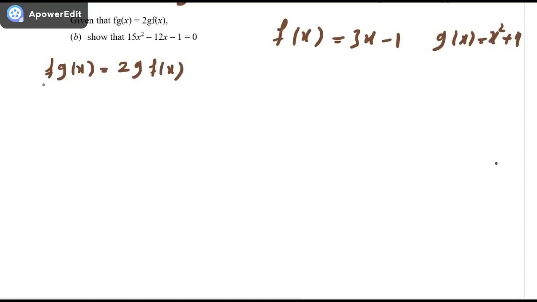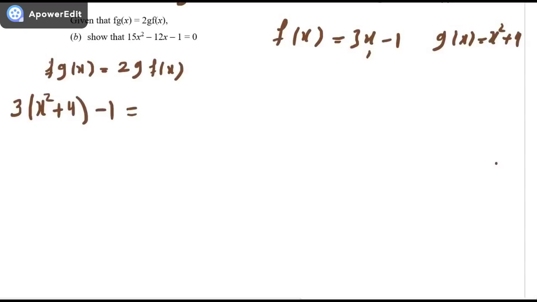So it's fg of x, so it means f taking the g function. f of x is 3x minus 1, so this x we're going to replace with the value of g, which is x squared plus 4, so 3 bracket x squared plus 4, then we got minus 1. Hope you understand.